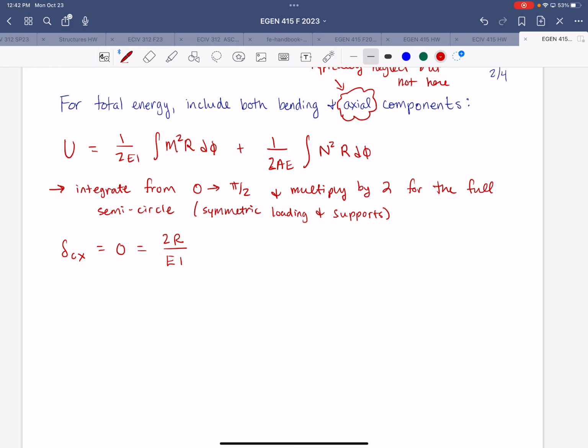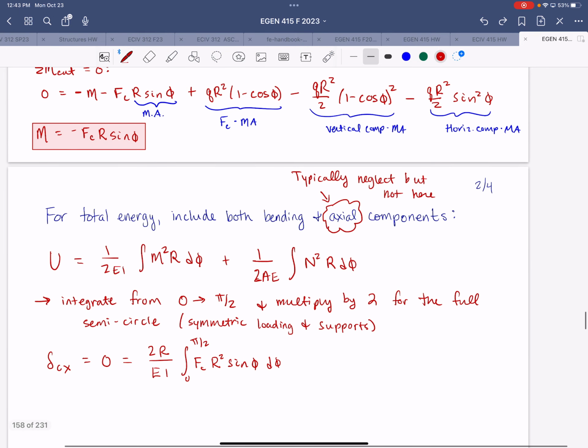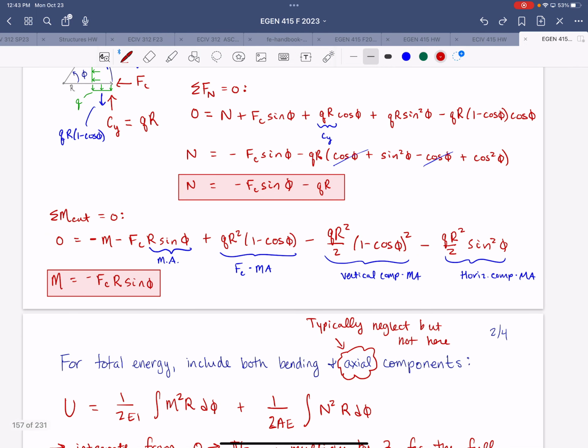So 2R over EI times the integral from 0 to pi over 2 of FC R squared sine phi d phi. And then, let's see, what did I do here? So we have this, and then our FC, our normal force is here.